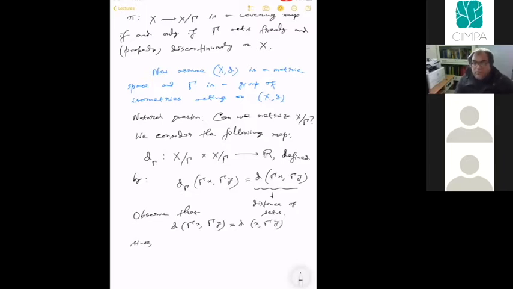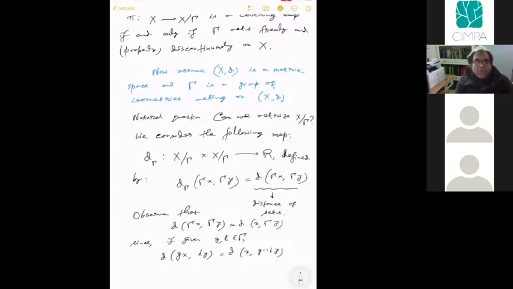Since given g, h in gamma, d(gx, hy) is the same as d(x, g inverse hy), because gamma is a group of isometries.